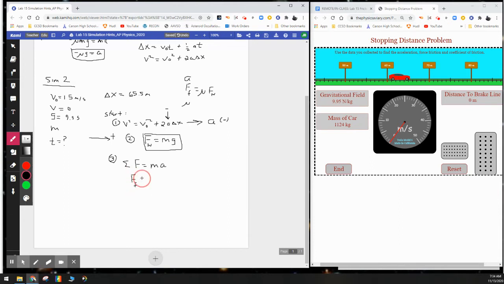We do know the mass, and we also know the acceleration. Acceleration, remember, is going to be negative, so when I do this problem, the force of friction is also going to be negative as well. Here's my force of friction right here.